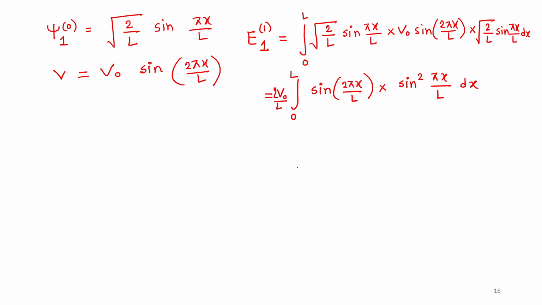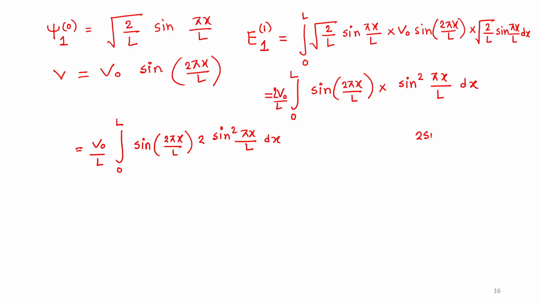Let me take the 2 inside, 0 to L. This is sine 2 pi x by L earlier, and this is now 2 sine square pi x by L dx.